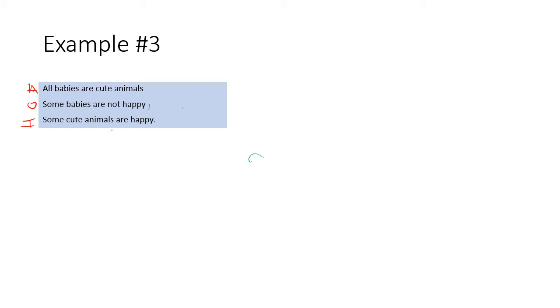I think I mentioned in the previous example that this one is not going to be valid, that when we draw the pictures of the two premises here, we're not going to get a picture of the conclusion. So moving on, the first thing that we do is identify our terms. S for subject, the minor term, which is the subject of the conclusion, which in this case is cute animals.